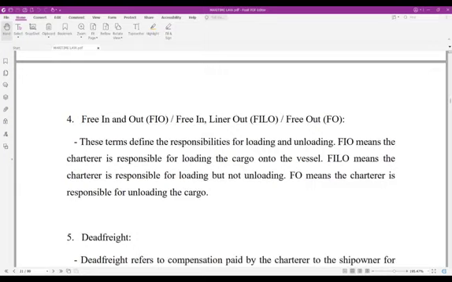The FILO states that the charterer is responsible for loading but not unloading. The FO means the charterer is responsible for unloading the cargo.